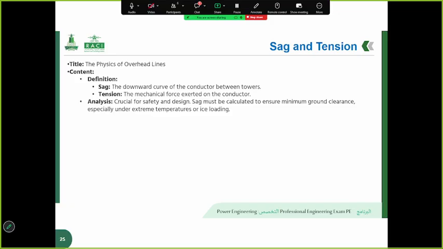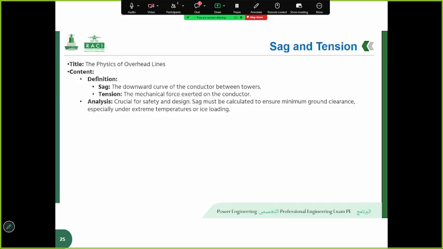A conductor pulled very tightly, high tension, will have less sag. While this might seem desirable, it can create excessive mechanical stress on the conductor and the support towers, increasing the risk of mechanical failure, especially in windy conditions or under ice loading.